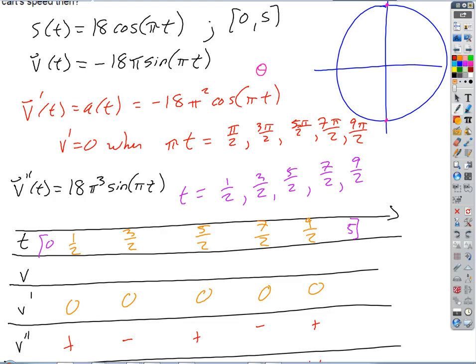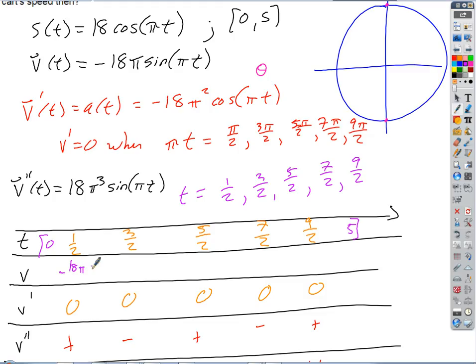If I evaluate this at pi halves, sine of pi halves is 1, so I get negative 18 pi. Everybody agree?